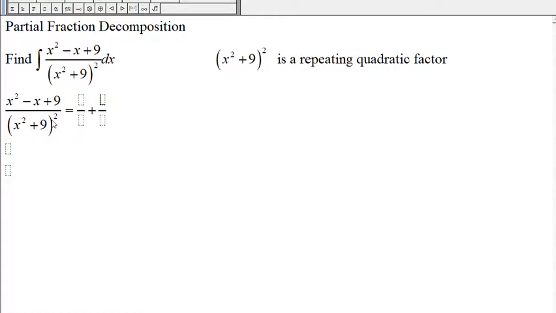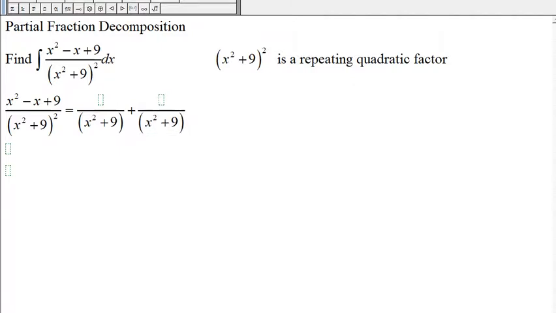if we have a quadratic, a repeating factor, then we have to decompose it like this. A question might be, can we just write this as x squared plus 9 times x squared plus 9 and then decompose it like this?